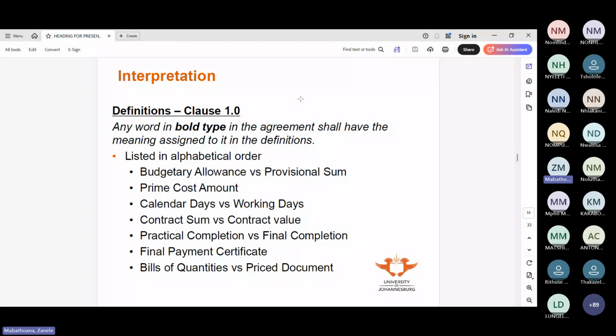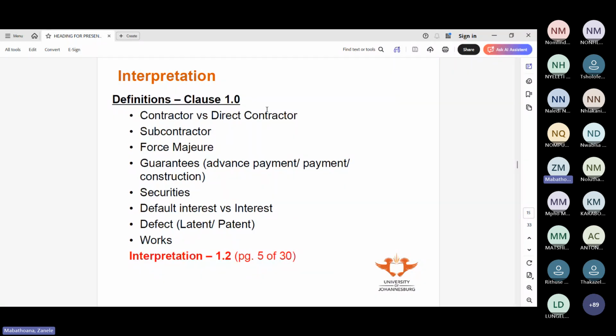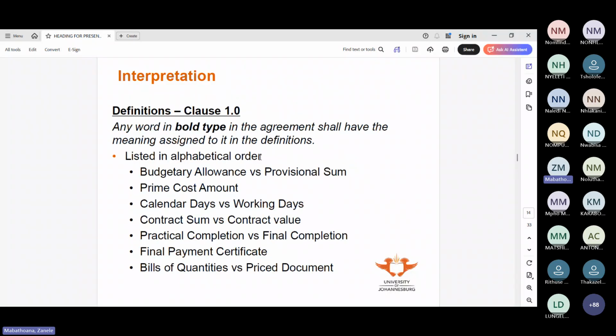What is final account? All of those things. What is meant by free issue material, latent defect, list for final completion, all those things. So you can go through those definitions in your own time. I'm not going to go through them with you. So I've given you an indication so you can look at it.